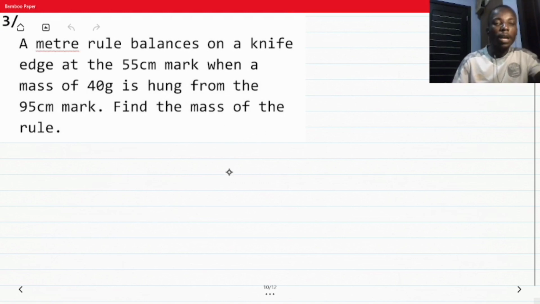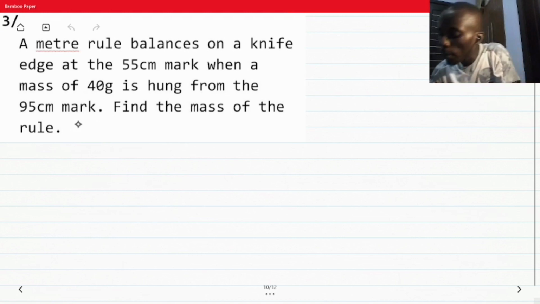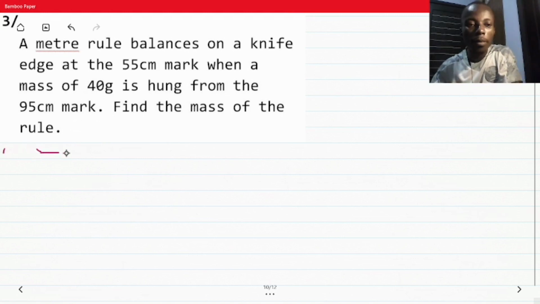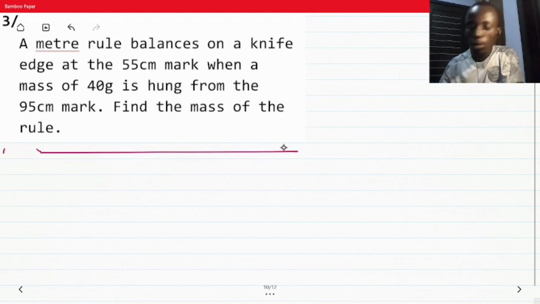So I'm not giving a diagram here. I'm going to draw my diagram. I have my ruler, so I will draw now. Okay, my meter rule.